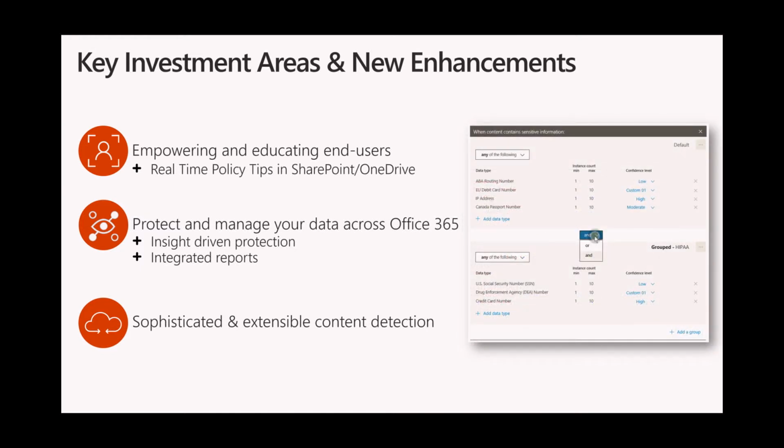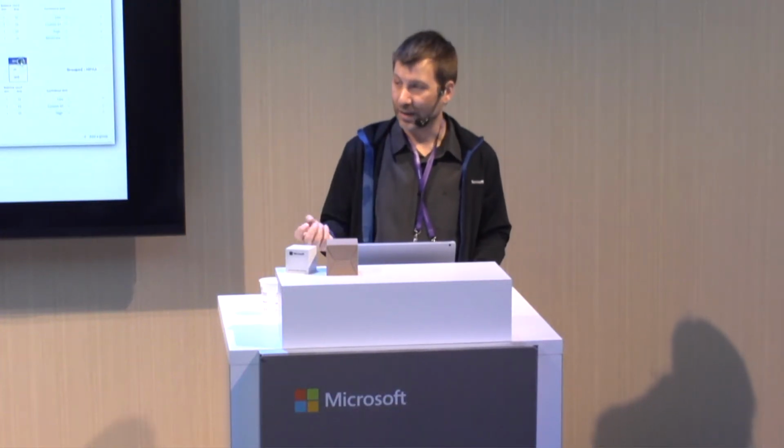In addition to customization, we're also enhancing the engine that we use to classify content. We're adding additional heuristics, the ability to do unique matches, larger dictionaries of content, as well as more flexibility on the proximity windows, and a variety of other capabilities that we're investing in, so that you have the flexibility you need to define the specific type of content you want to match. One of the big drivers for this is some of the more sophisticated regulations.